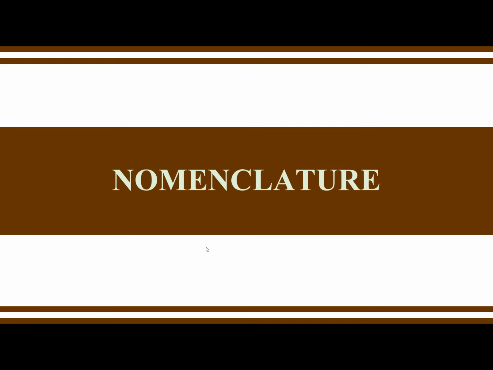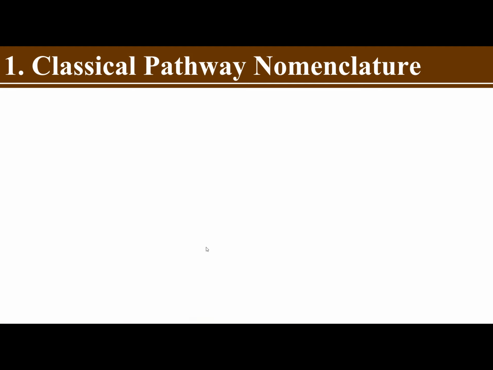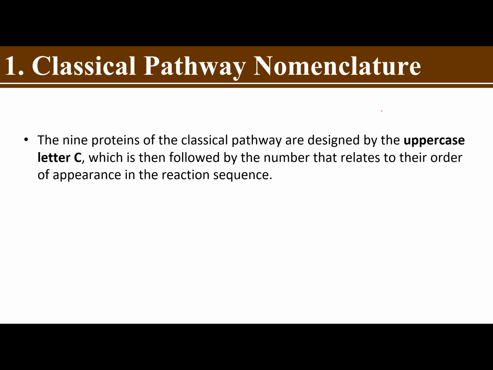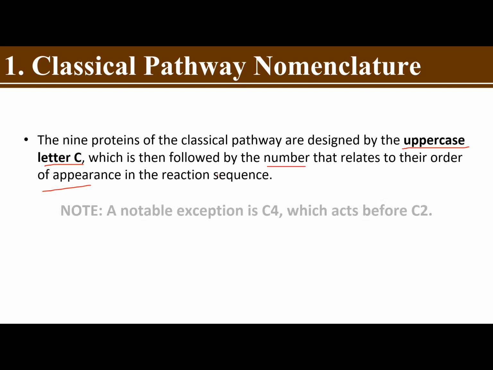And let's talk about the nomenclature, or how you typically write the complement proteins. Start with the classical pathway nomenclature. Now, the 9 proteins of the classical pathway are designated by the uppercase letter C, which is then followed by the number that relates to their order of appearance in the reaction sequence.